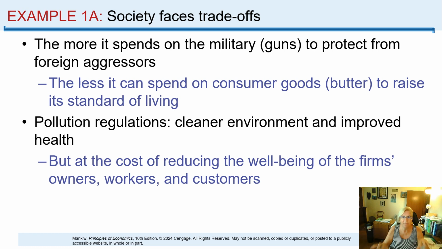If we believe in more guns, then we automatically don't spend as much on butter or food, those kinds of things, social programs. If we say no social programs, then we automatically don't spend as much on perhaps national safety.